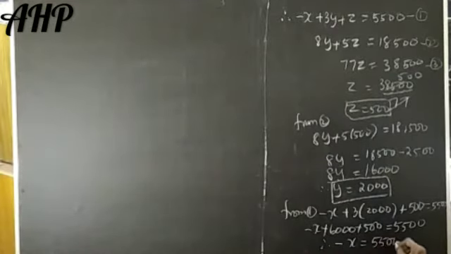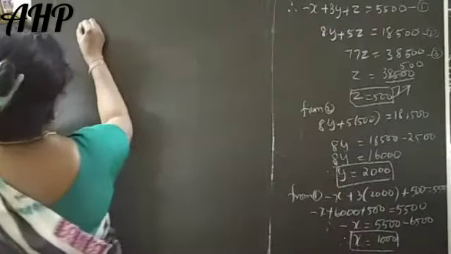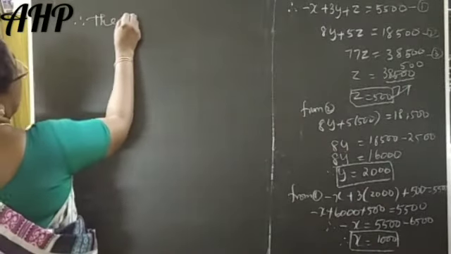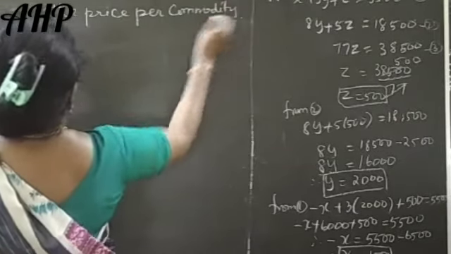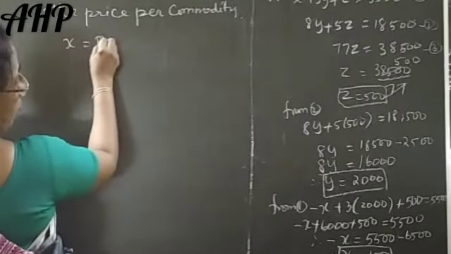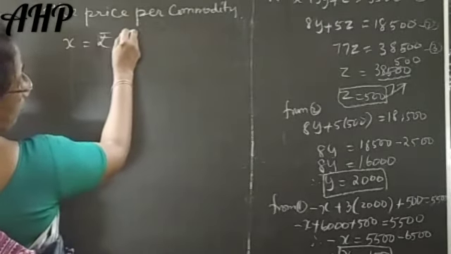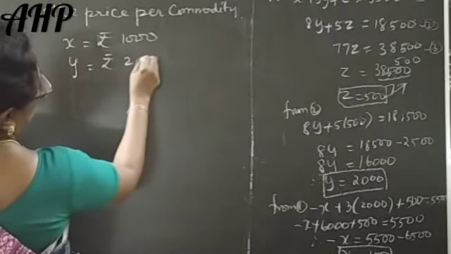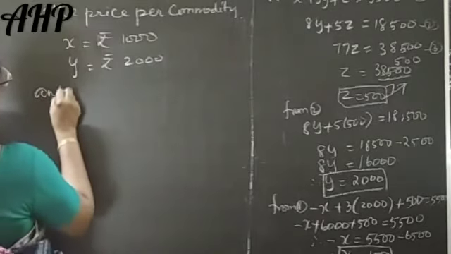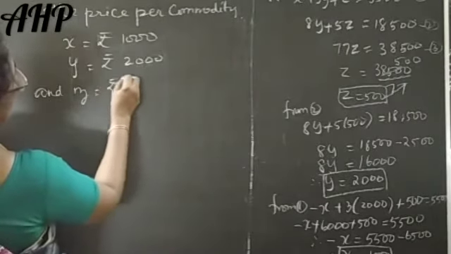Hence, 1 unit of x commodity is 1000 rupees, 1 unit of y is 2000 and 1 unit of z is 500 rupees. Therefore, the price per unit of x is rupees 1000, y is rupees 2000 and z is rupees 500.